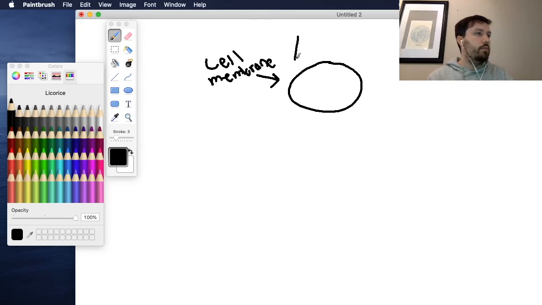So if this is an animal cell, my handwriting is terrible. If I were to draw you guys a plant cell, which I'll make green just to make it look a little easier, okay?